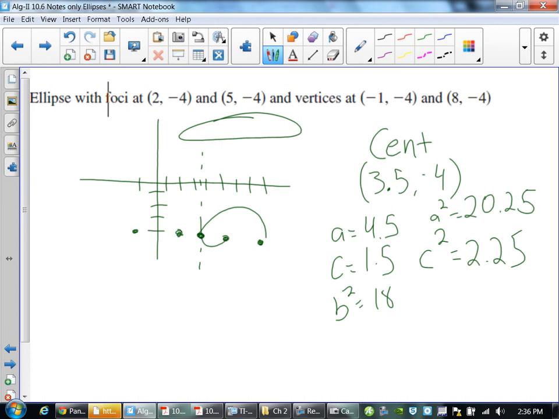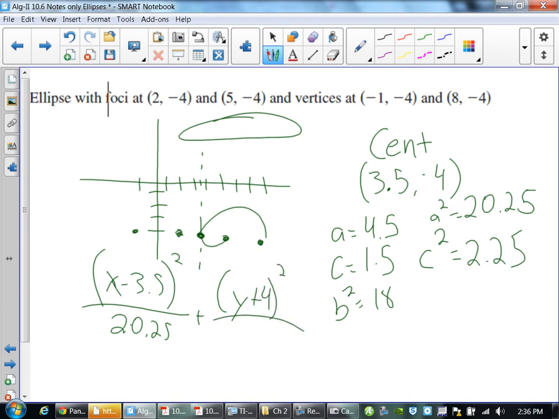Which one's larger, 18 or 20 1/4? 20 1/4. Remember, when the k value is negative, it's going to be y minus the negative 4, so it's y plus 4, quantity squared over 18.